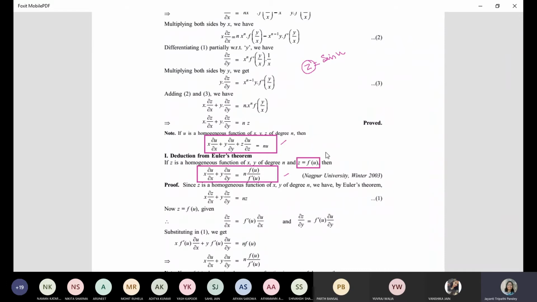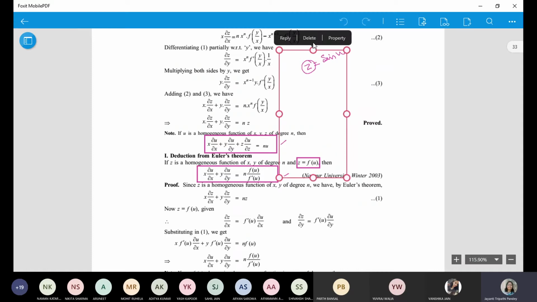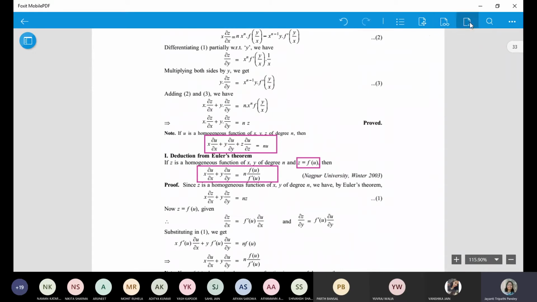Now in the question that we have discussed, what was f(u)? F(u) was sine u. This you have assumed as your z. So what should you get? You should get n into sine u upon derivative of sine u, that was cos u. And if you remember, you got this only. This was the meaning that I wanted you to understand.